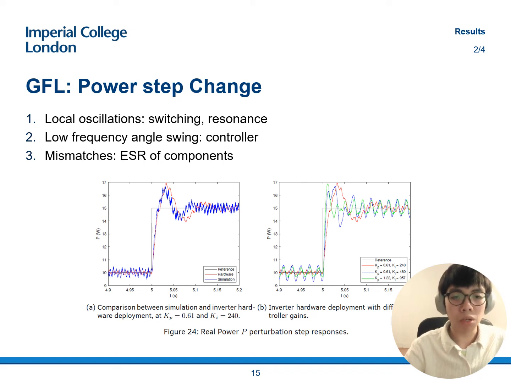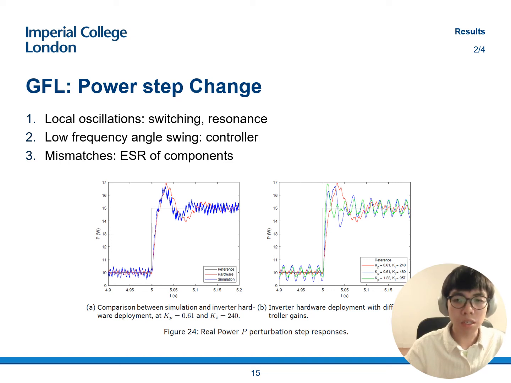As we can see in the comparison between the simulation and the hardware deployment, there is a slight difference in the low frequency angular swing of the controller, and this shows that there is likely a small mismatch in the ESR of the components, which has likely led to a slight difference in dampening in terms of the simulation versus the hardware response.